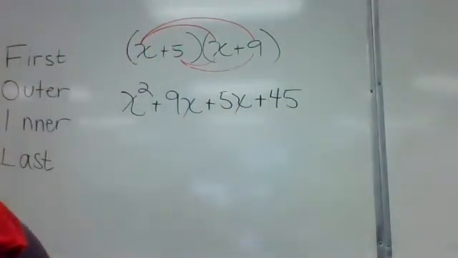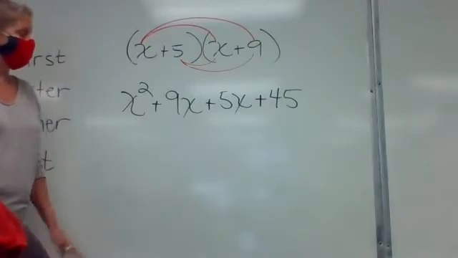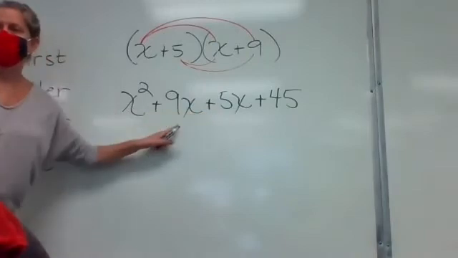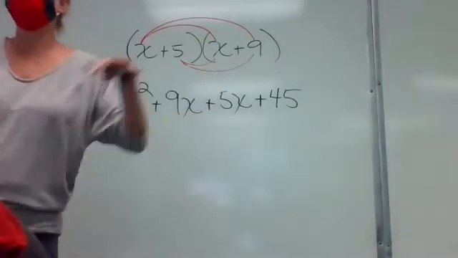Now, a lot of times, probably 9.5 times out of 10, after you do first, outer, inner, last, you will have like terms to combine. Which of these terms in this list can you put together? These x's, right? 9x and 5x. So now I'm not multiplying anymore.